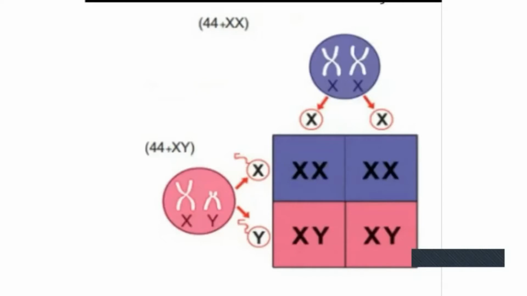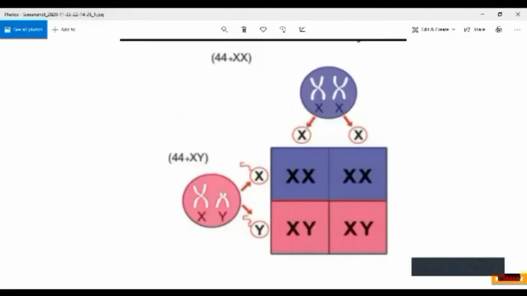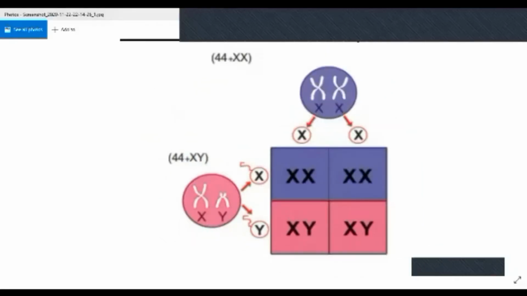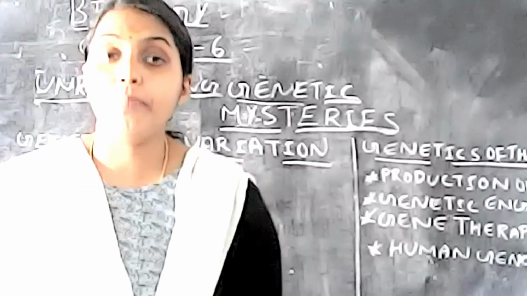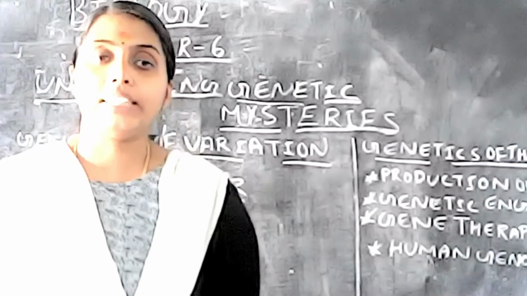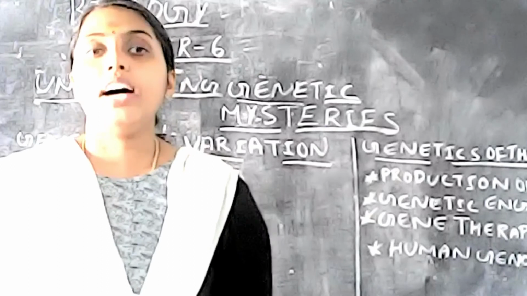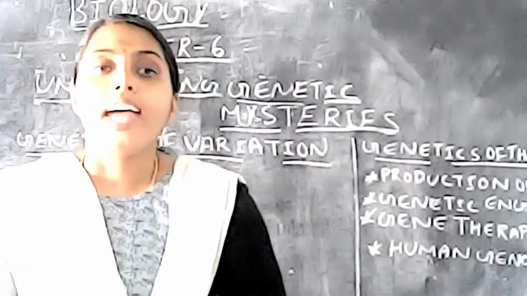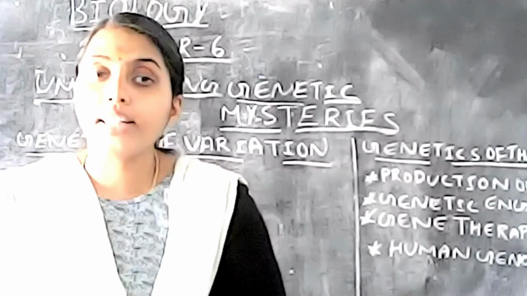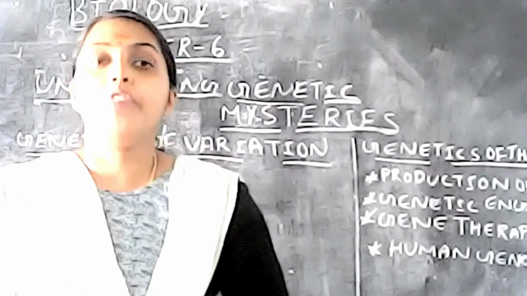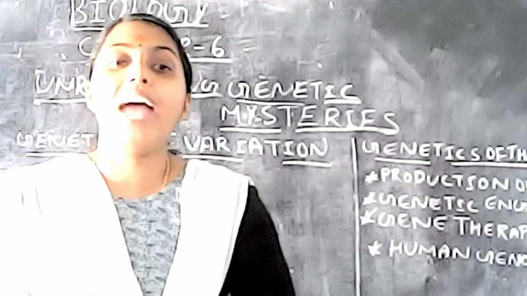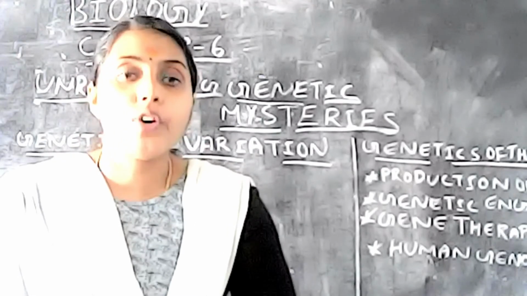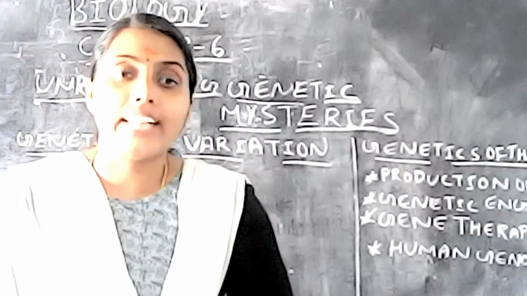So the genetic constitution of the male is 44 plus XY, and the genetic constitution of the female is 44 plus XX. When the X chromosome from mother fuses with the X chromosome of father, the child born will be female because it will have a genetic constitution 44 plus XX.